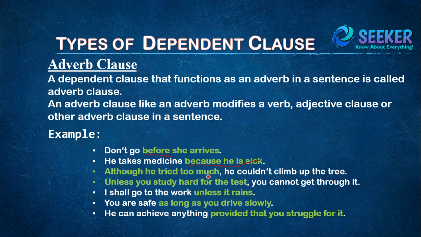Although he tried too much, he couldn't climb up the tree. Unless you study hard for the test, you cannot get through it. I shall go to work unless it rains. You are safe as long as you drive slowly. Here, all these highlighted parts are known as adverb clauses because they function as an adverb in these sentences.